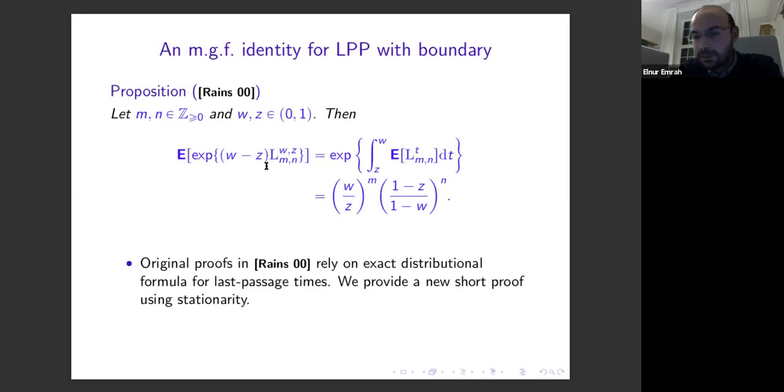Now, the original proofs of this identity utilize integrable probability and rely on exact distributional formulas for the last passage times that I said we avoided here. Our contribution to this identity is that we observe this as a simple consequence of the stationarity feature.